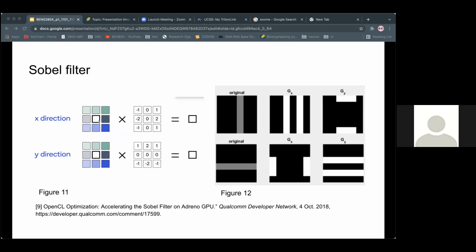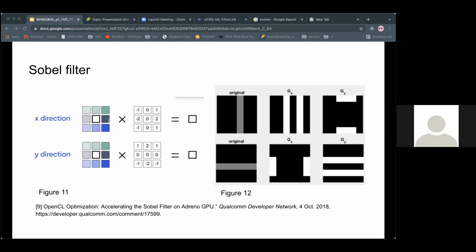The kernels on the top and bottom calculate the gradients for each pixel, detecting edges in the X direction and in the Y direction. If we take a closer look at the matrix on the top, it has a zero column vector in the middle and one positive and one negative column vector on the left and right.